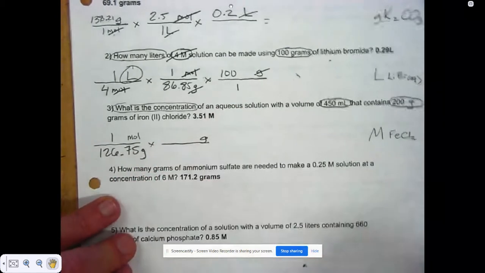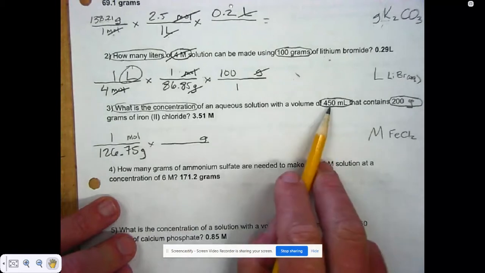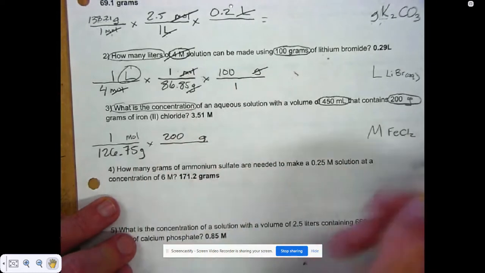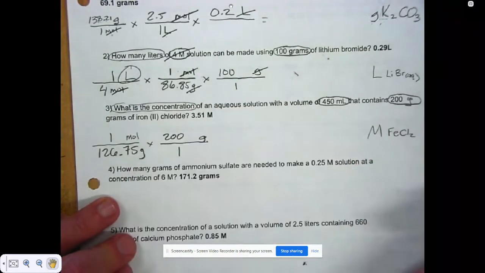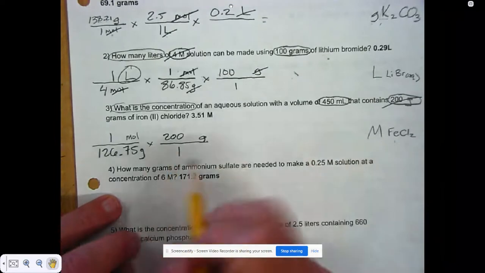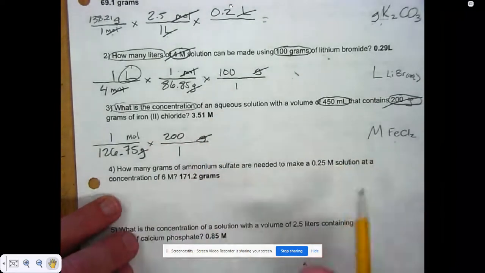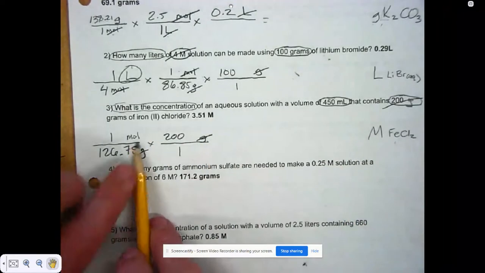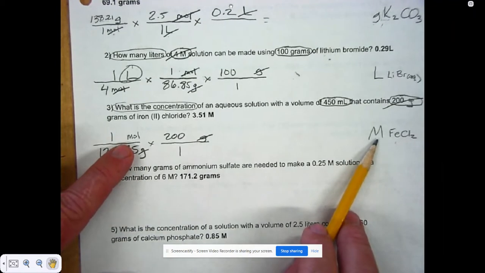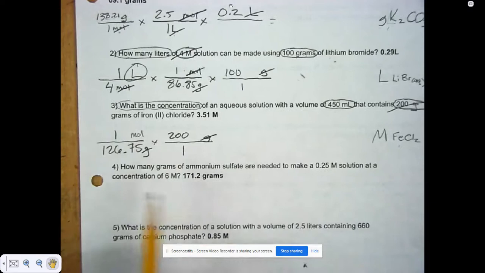So I'm going to put grams up here. Does this number have anything to do with grams? No. What about this one? Yes. 200 grams in the solution. So now we got rid of grams. Are we done? Are we trying to figure out how many moles? No, we're trying to figure out how many moles per liter. So we need liters on the bottom.